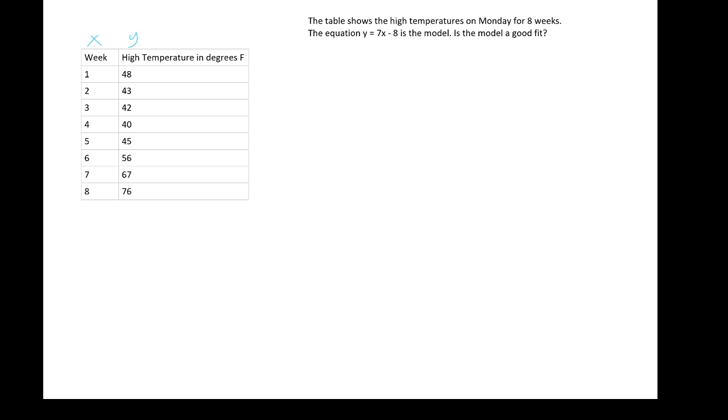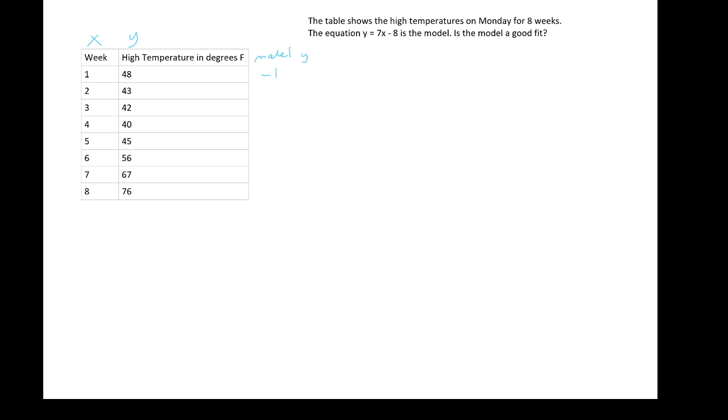Okay, so here we go. Let's calculate out our model, right? So we're going to model y, okay? So again, we're in input 1 here, right? So 7 times 1 is 7 minus 8 is negative 1.